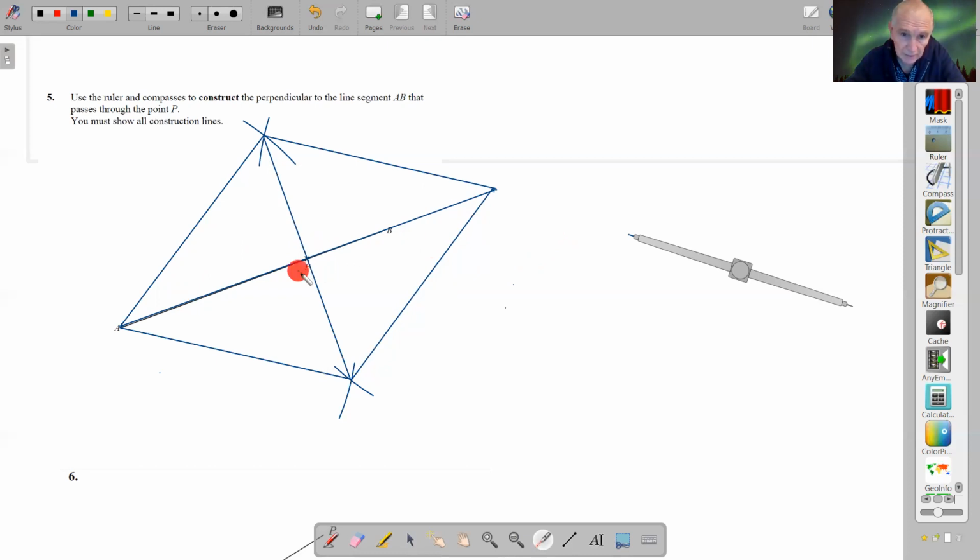So that and that are all 90 degrees. So this is a very useful property.